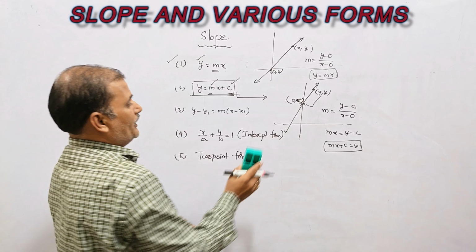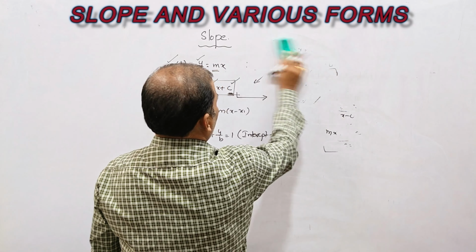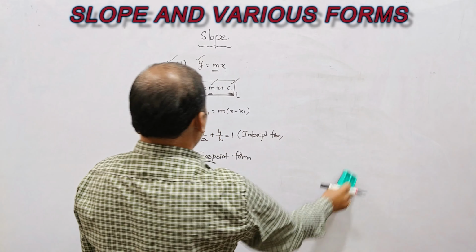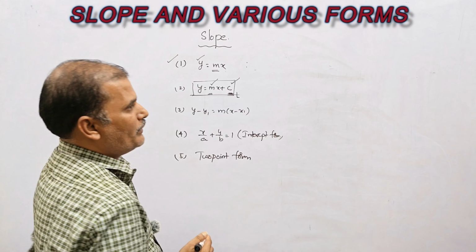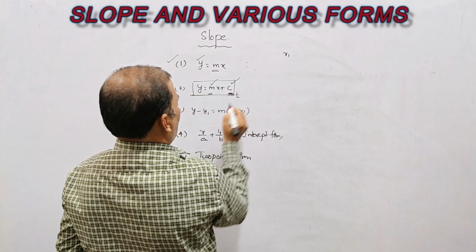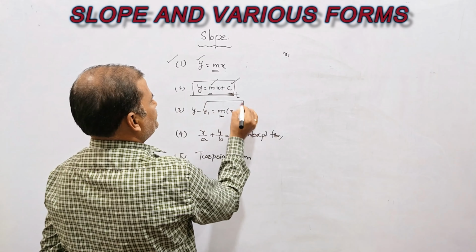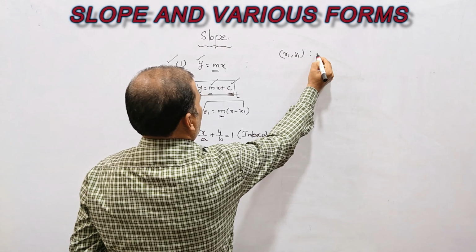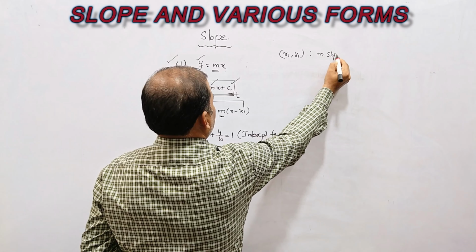This is the derivation of the first 2 types of slope notations, and we take a third one, y minus y1 is equal to m into x minus x1. The same way, we take 2 points: one slope and one point. x1 comma y1 is the one point, and m is the slope.